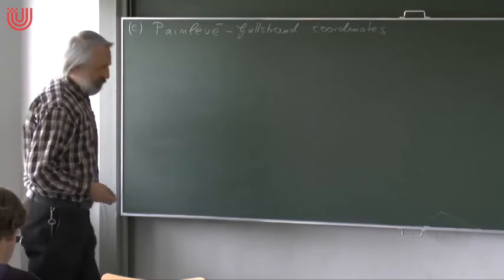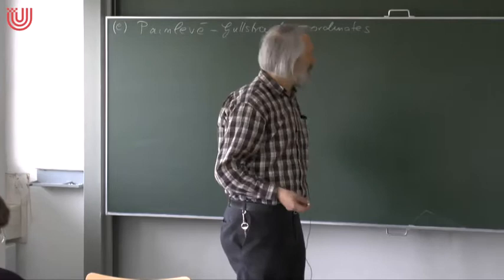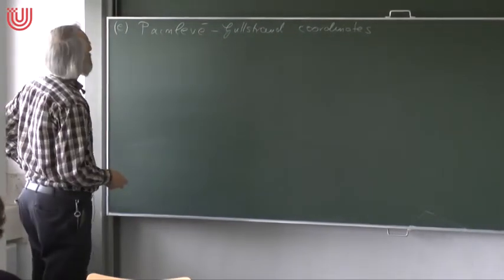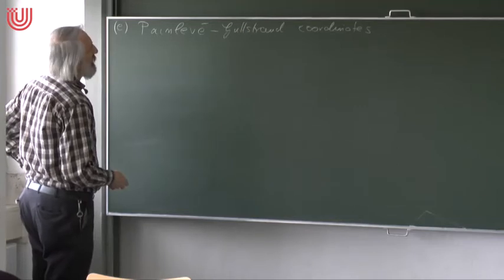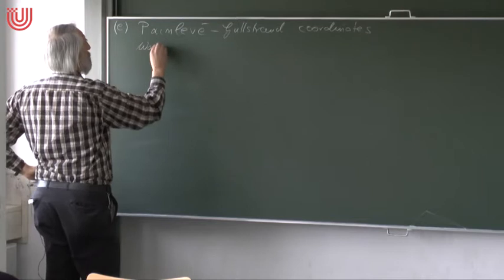Well, you can introduce them in various ways. I think the quickest way, which leads you on the shortest path towards the result, is the following: that we want to find a coordinate transformation.